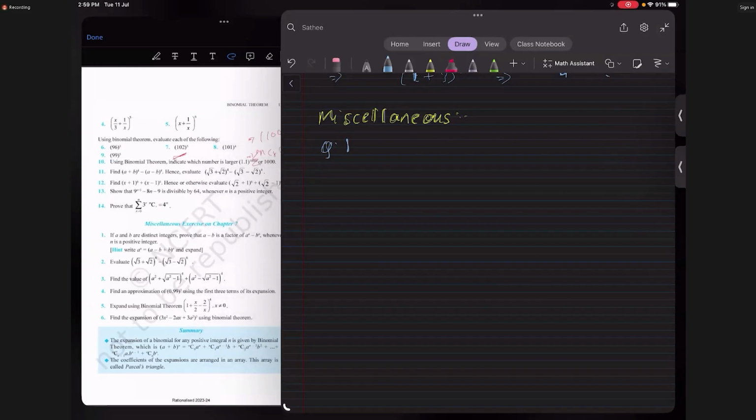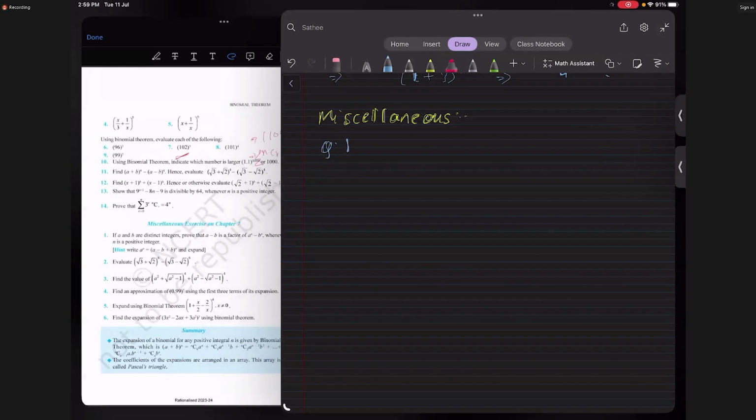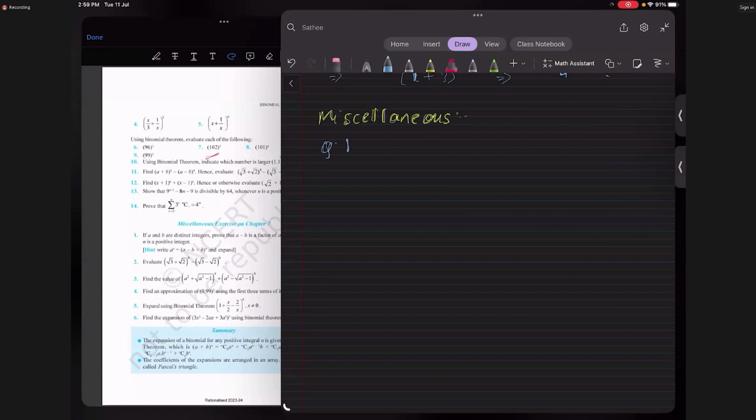this is said to prove that a minus b is a factor of a to the power n minus b to the power n. If you see, the hint is given as well in the question, so a to the power n is given as (a minus b plus b) to the power n, and you are asked to expand this.